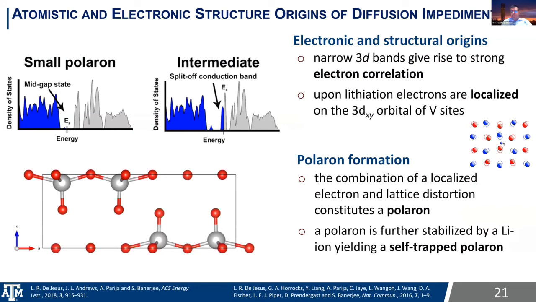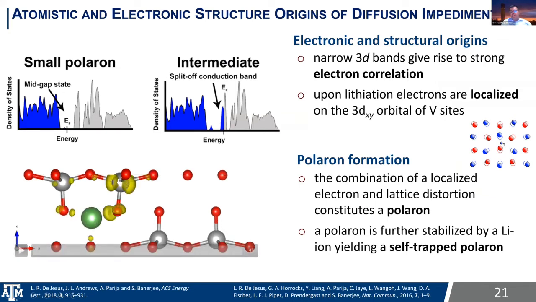So diving down deep, it comes down to this 3dxy, this narrow band that we have at the conduction band edge. Electrons occupy the conduction band edge, and essentially an electron situated on the lattice couples with the lattice to give you a small distortion of the lattice, which constitutes a small polaron, right?